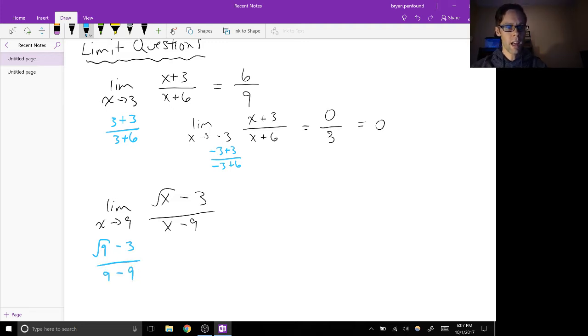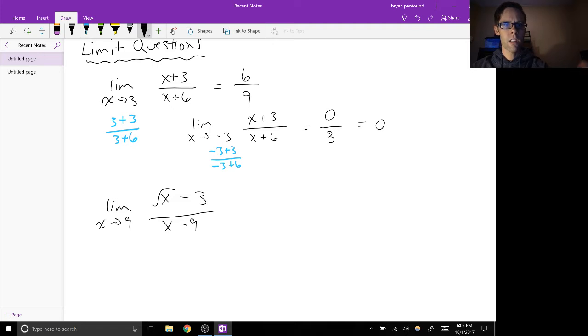I'm going to get root 9, which is 3, subtract 3 in the numerator. So the numerator is 0. And in the denominator, you're going to see 9 subtract 9. So I'm going to get 0 over 0. That's not particularly good. It means we should look at developing some kind of strategy to help us with this limit.